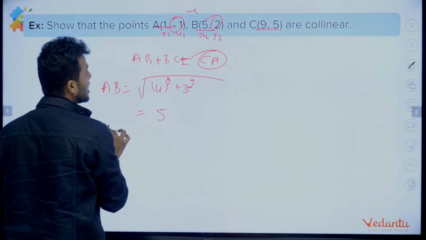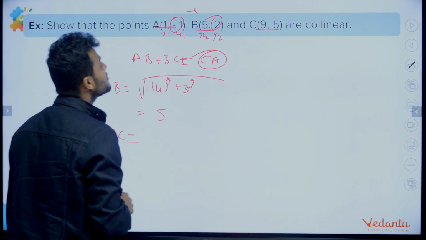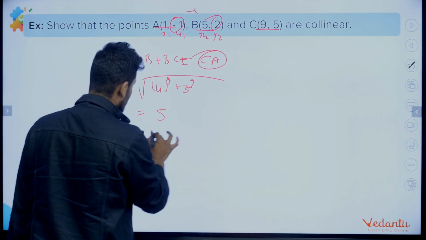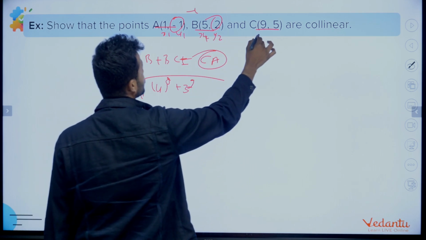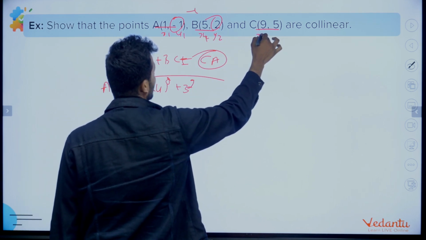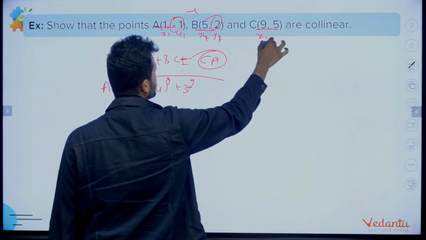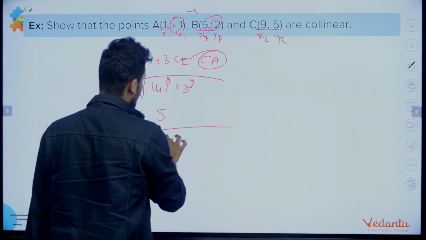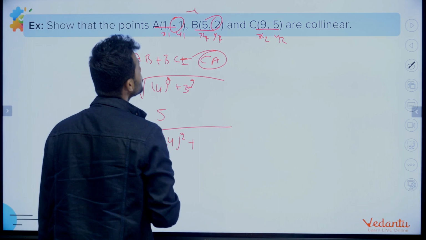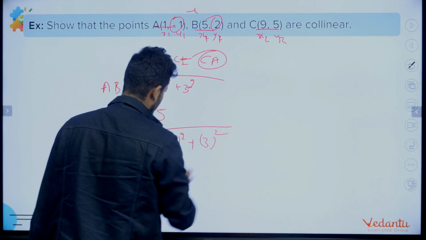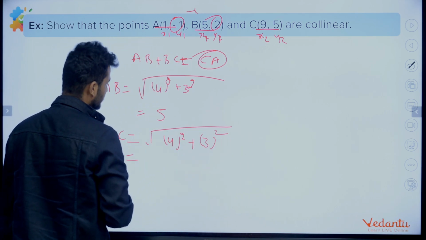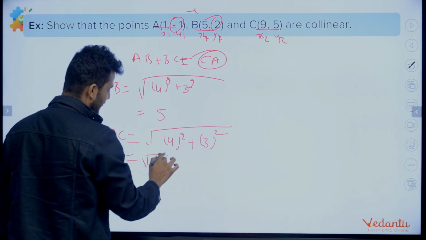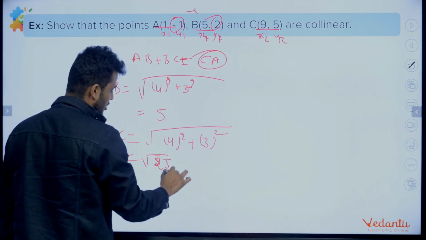What about the BC value? x1, y1, x2, y2. 9 minus 5, 4 square. 5 minus 2, 3 square. Same, root 25 is absolutely 5.